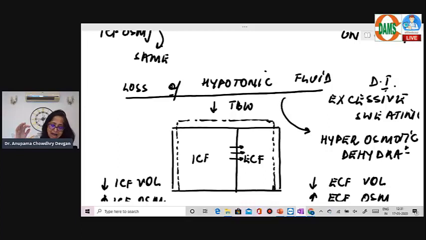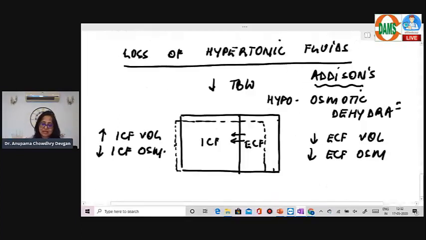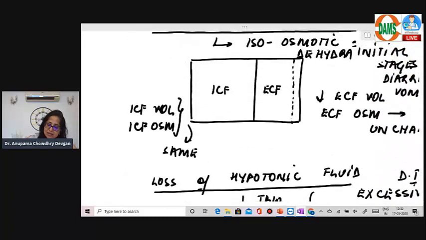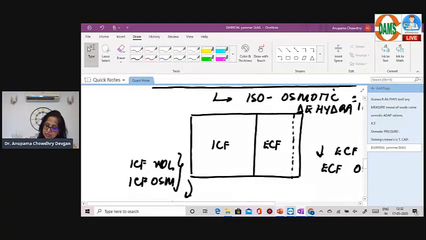Loss of hypertonic fluids, hypoosmotic dehydration. Yes? So this is what is going to happen in a patient whenever there is addition or loss of fluid, right?